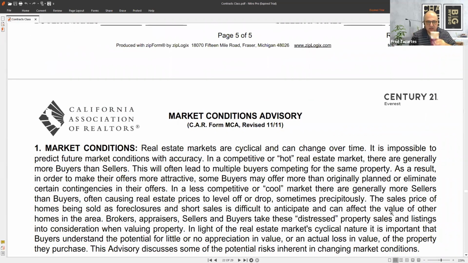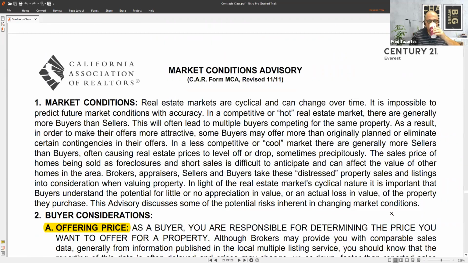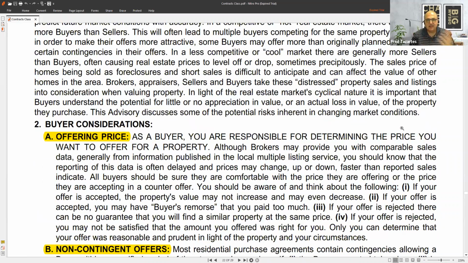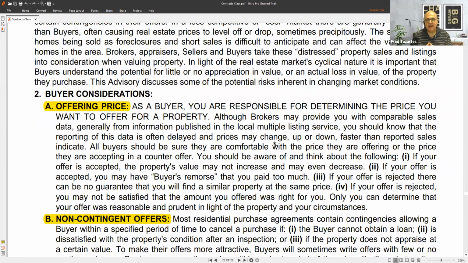Market conditions advisory. This basically says the market is a cycle, goes up, goes down. Offering price. We never determine what the offering price is. We work with our clients and we say, look, this is what homes around the market have sold. You have seen the property you're interested in.